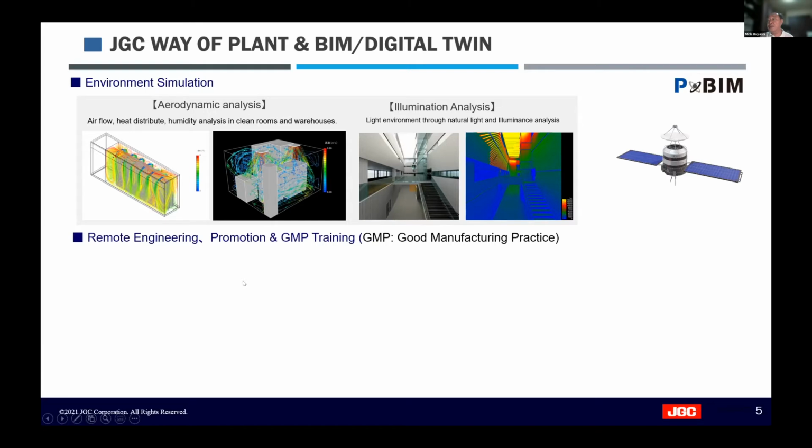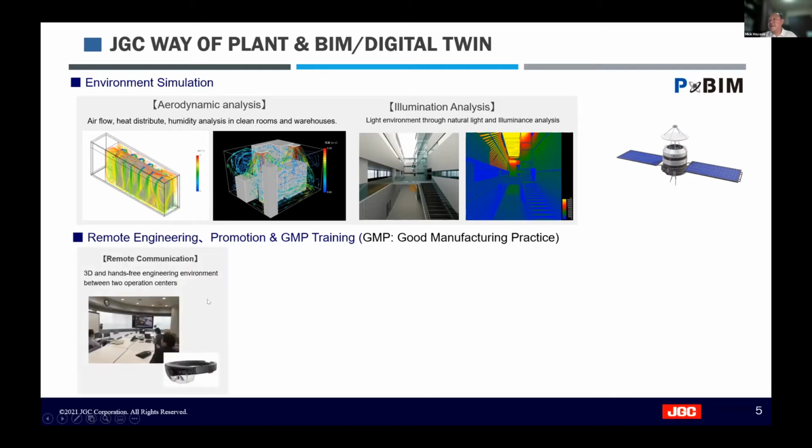And remote engineering, promotion, and GMP training. GMP is the term used for medicine factories, good manufacturing practice. All right, so well, many of you should be familiar with remote communication, but in our case, we use 3D models and a hands-free engineering environment between two operation centers.